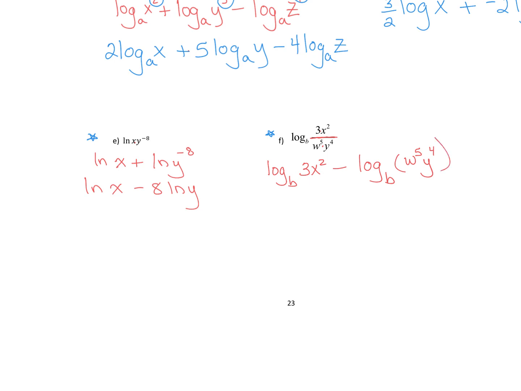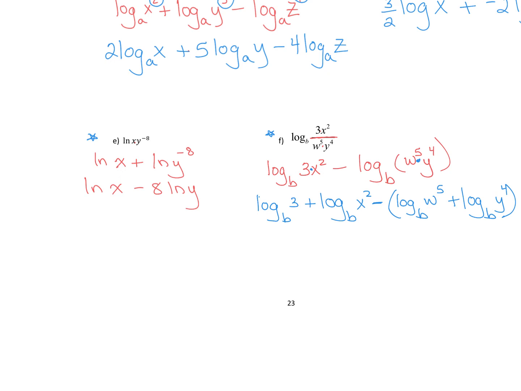Then I have a couple of products. I have a product here and I have a product here. And so I'm going to say log base b of 3 plus log base b of x squared minus, now it's subtracting the whole thing, so I do need parentheses, log base b of w to the fifth plus log base b of y to the fourth.